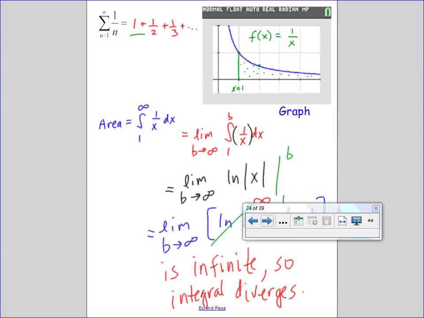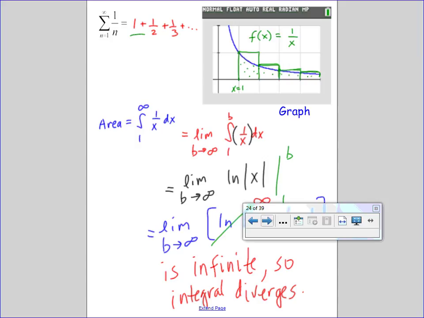So now my rectangles are over here, though. My second rectangle, x equals 2, produces the function value 1/2, which corresponds exactly to my second term, times a width of 1, and 1/3 would be right here. And you guessed it, 1/4 would be right here.